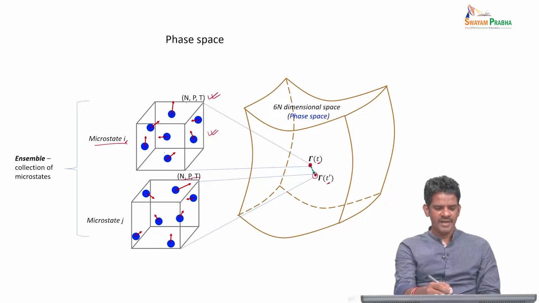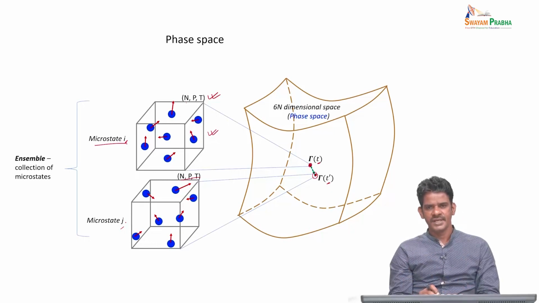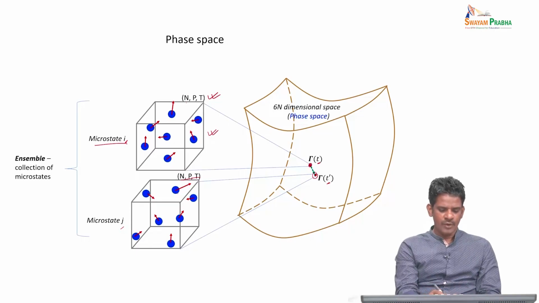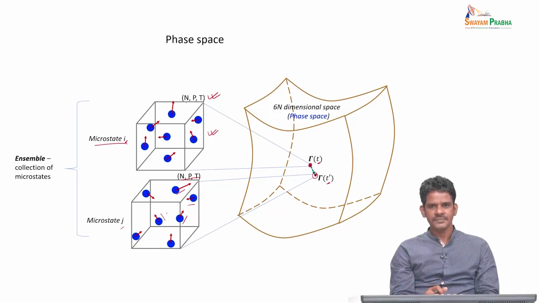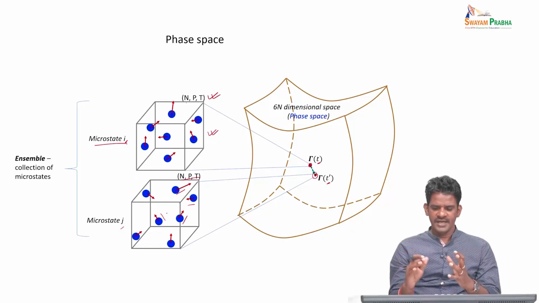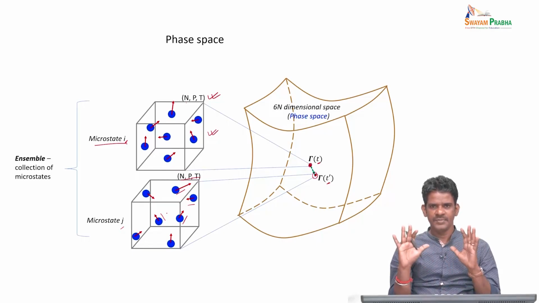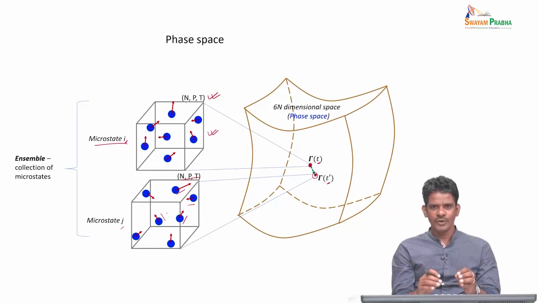When you compare microstate i and j, you can see that the particles have moved from their original positions and have also changed their momenta, which you can see from the arrow of each particle changing in direction as well as in length. So macroscopically the system is still behaving at N, P and T, but microscopically the system is continuously evolving in time by changing the relative positions and momenta, going from one microstate to another. That is what is shown here with the green arrow, going from time t to t prime.